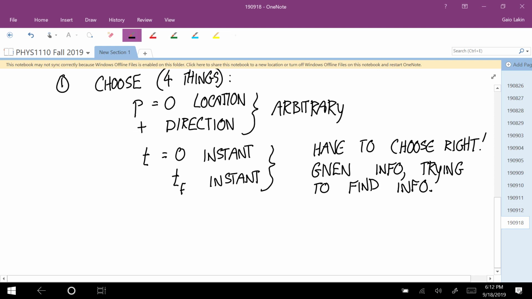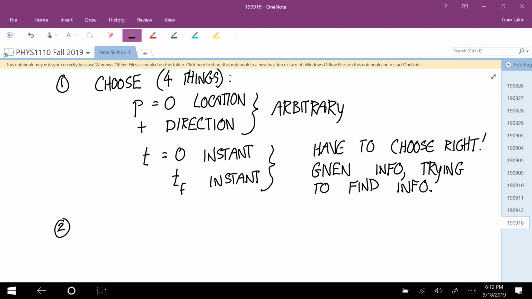The second step, so now we have to figure out what variables we know and what variables we're trying to find. And if you look at the three constant acceleration equations, there's only a total of 6 variables that you have to deal with.